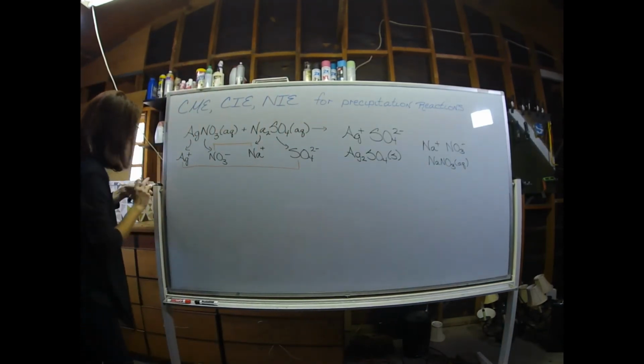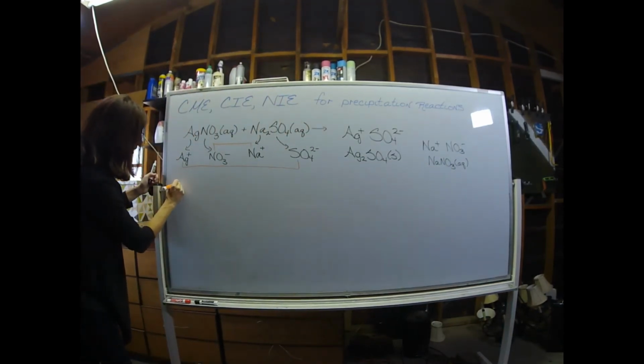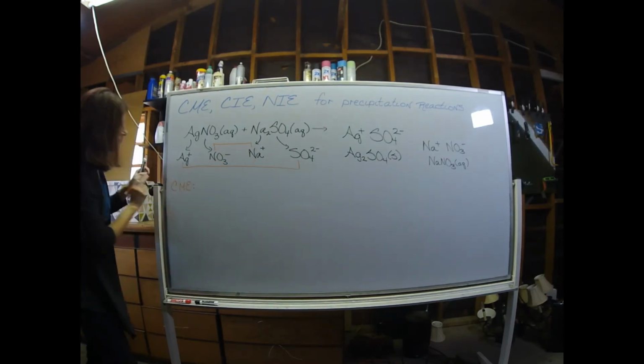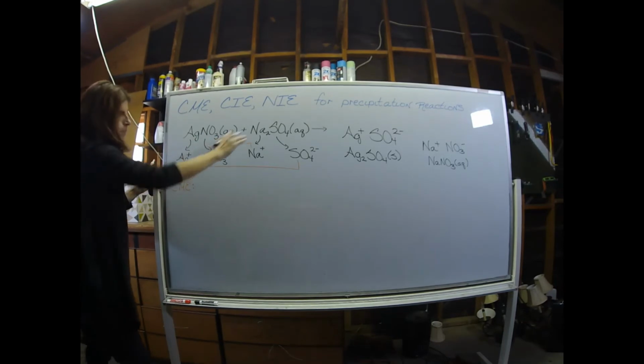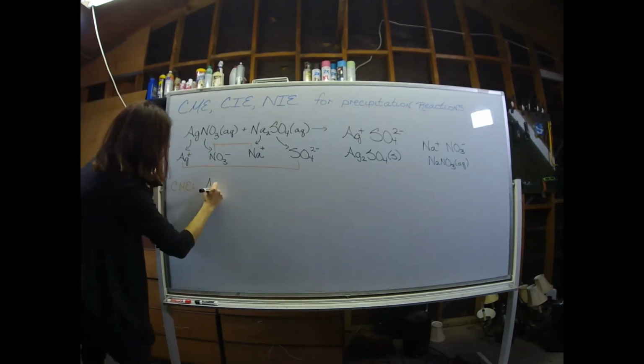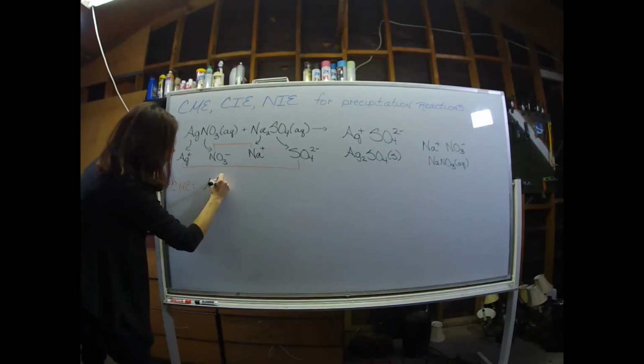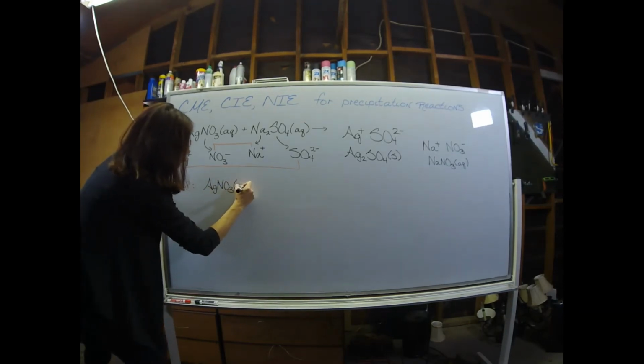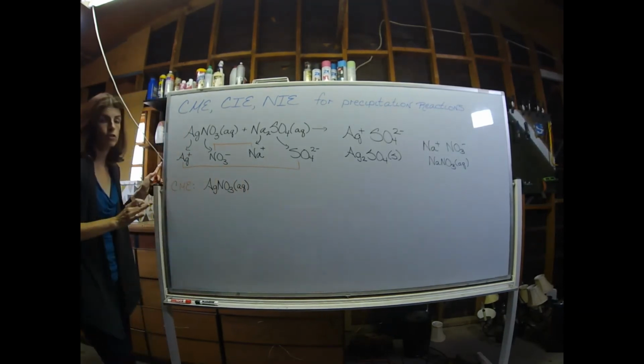Put together our different equations here. So I'm going to start with my complete molecular equation. The beginning part is a copy job. Just leave room for coefficients. When you're writing these down, also make sure you're remembering to include the states.